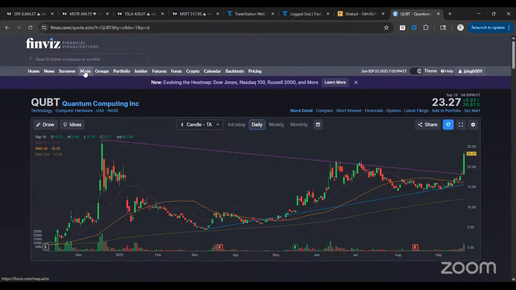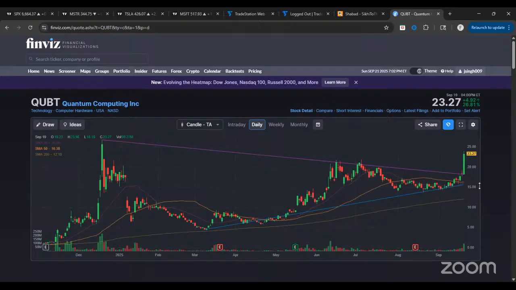What do you think we're going to find? More red or more green? Green. I think I have a feeling, probably more red because it's a relatively new company. Yes, I agree with you. So this is like when Microsoft was brand new. QUBT is in quantum, and quantum is the new hot topic.